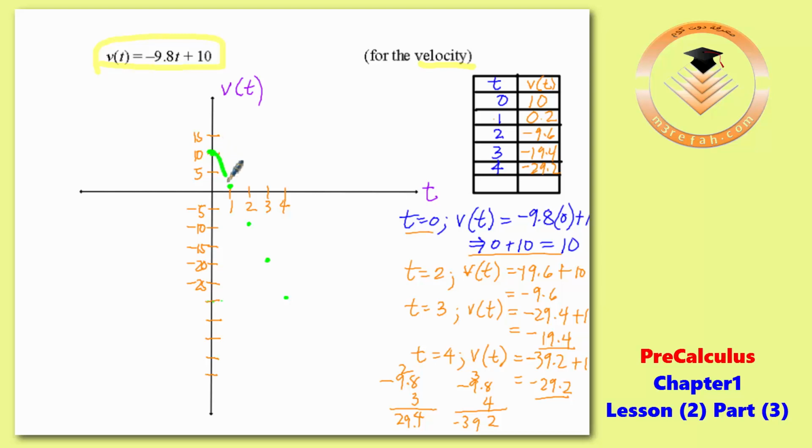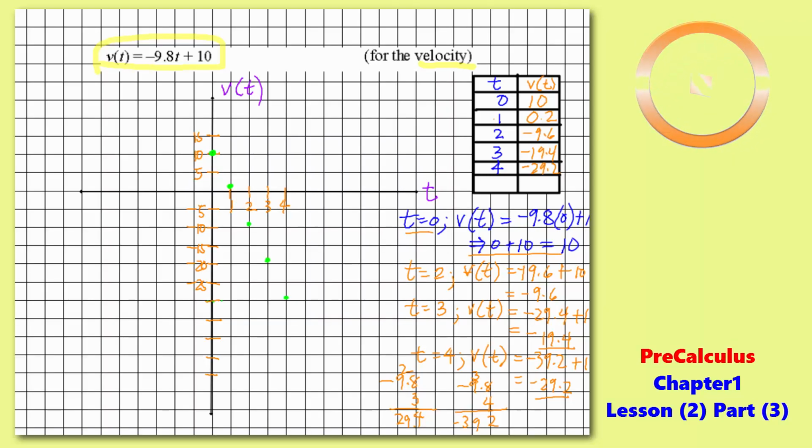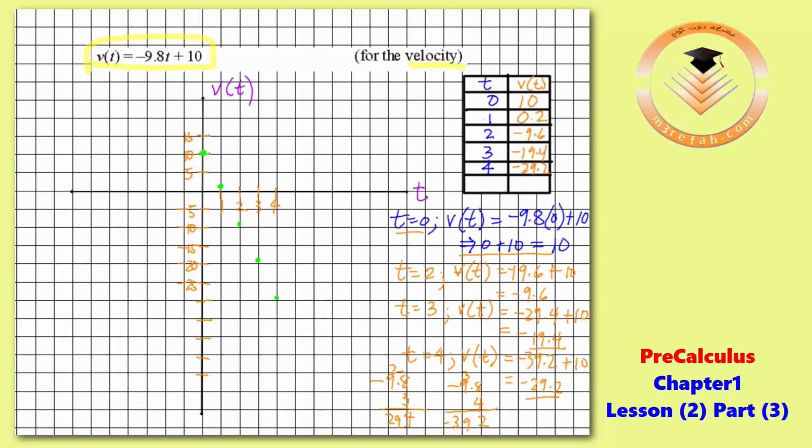So this is a projectile, or a curve. It's not a line. I'm sorry, this is a line. It's a straight line. To make it look like a straight line is more accurate.